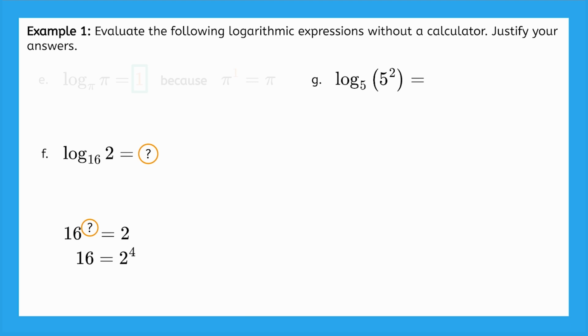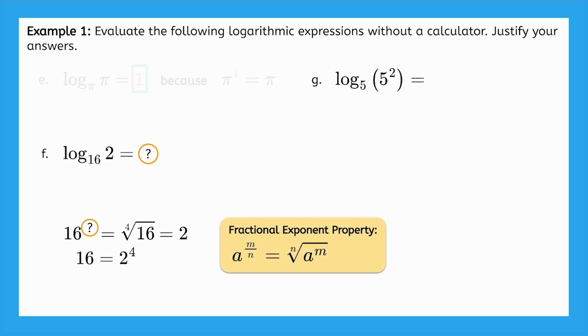Well, if 2 to the 4th power is 16, that means the 4th root of 16 is 2. That's helpful because we have a property that allows us to translate between radicals and exponents. We can write the 4th root of 16 as 16 to the 1/4. Therefore, log base 16 of 2 is 1/4 because 16 to the 1/4 is 2.